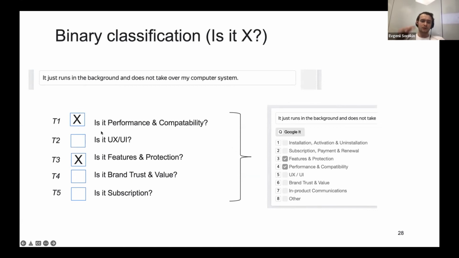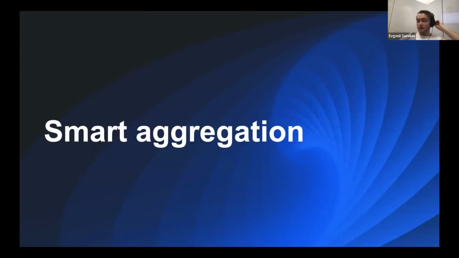You ask them, is it performance and compatibility? Is it about X or is it about Y, and so on? And afterwards, you combine those answers into the same kind of structure for a multilabel answer. Great. So those were just 2 ideas on how to improve multilabel classification. Next, about smart aggregation.